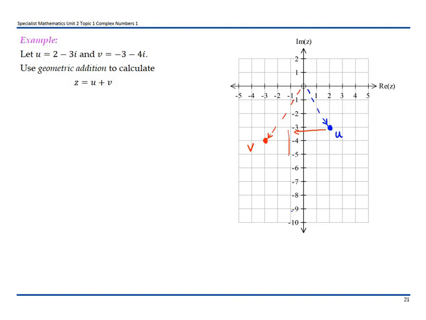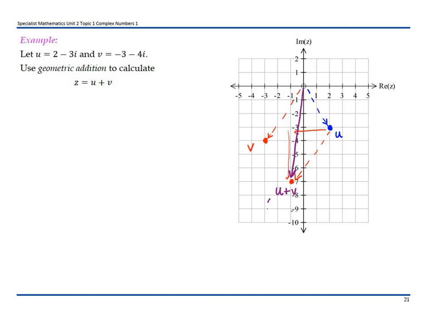So moving down 4. That would be where my v would sit. So it was at the end of u. So that means my addition is there. So that vector there, or that complex number there, is u plus v.